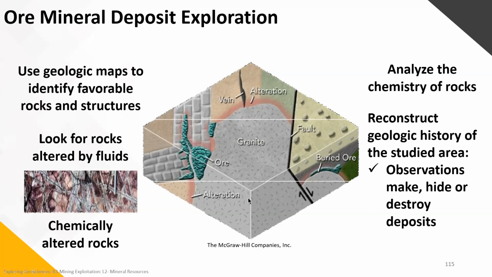I have nothing, no observations, so nothing tells me that I will be able to find a deposit. If I move on to this area, I can see that I start to have several elements favorable to the formation of a possible mineral deposit.